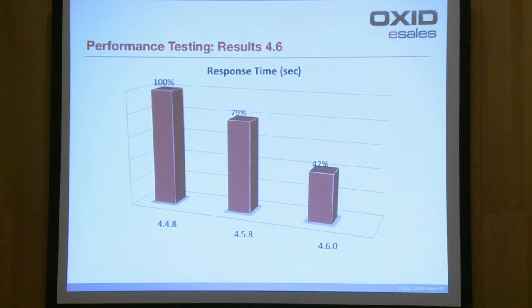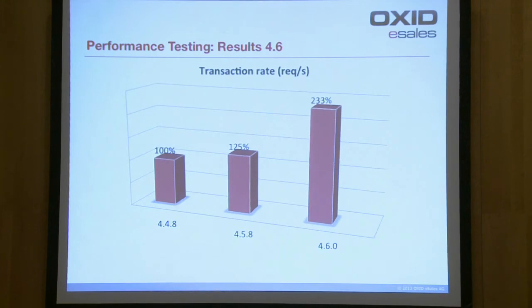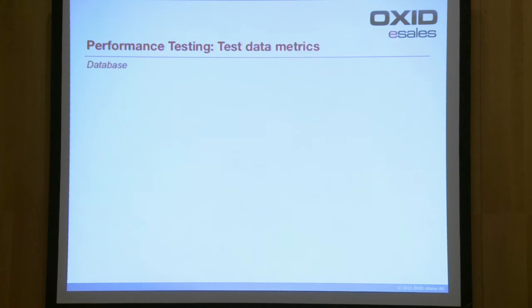You could see significant improvements, and also with the transaction rate, which basically doubled compared to 4.4.8. So whoever is still on 4.4.8, maybe this is a motivation to at least go to 4.6, but better still 5.0. Okay, we come back to the previous numbers when we compare them.